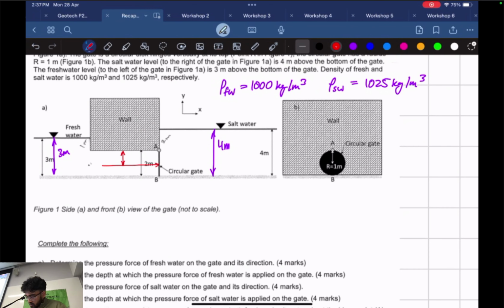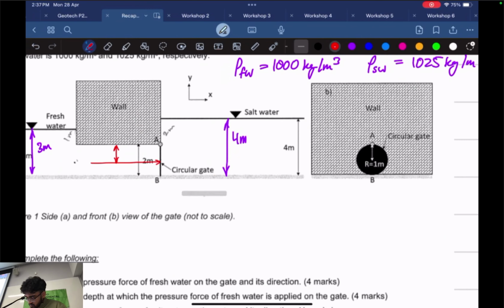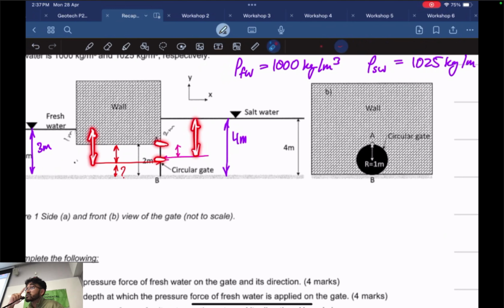Or you could also find this distance as well. And then there's also another force acting, let's say over 3.08, it's going to be like here. We have to find this smaller distance because we're trying to take the moments about point A. We already know the distance from the top of the water, but we don't know the distance between point A and the forces.